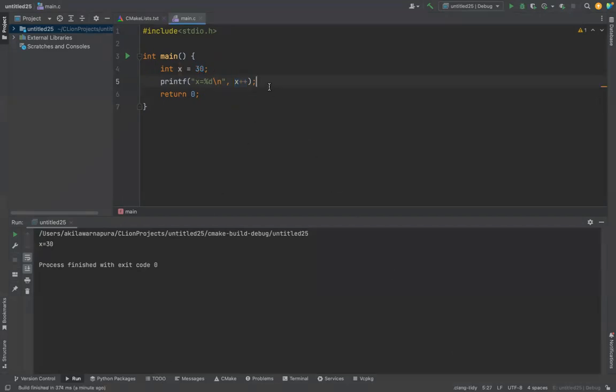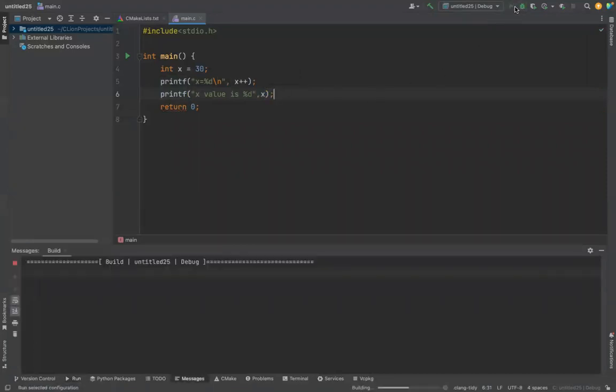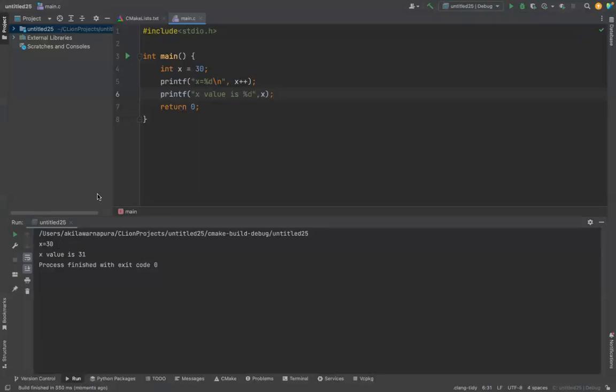You can check that one. You can print the x value again here. printf, x value is percentage d, and provide the x value. So here x is 30, the existing 30 is assigned here. After you assign the 30, the value is incremented by 1, to 31. So if you print the x value again, you can see the x value is 31.